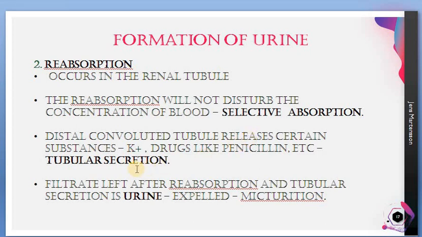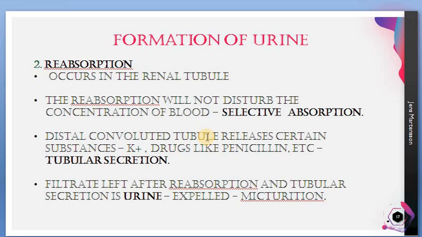Now, in the distal convoluted tubule, what happens is, when this filtrate passes through the distal convoluted tubule, the tubule's wall layer starts to release some substances into the glomerular filtrate.